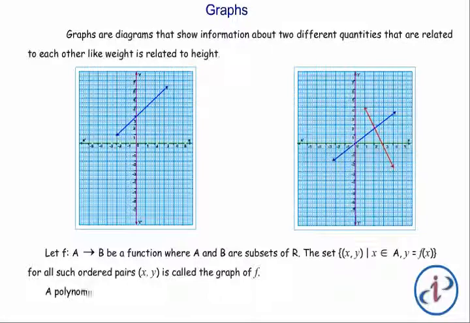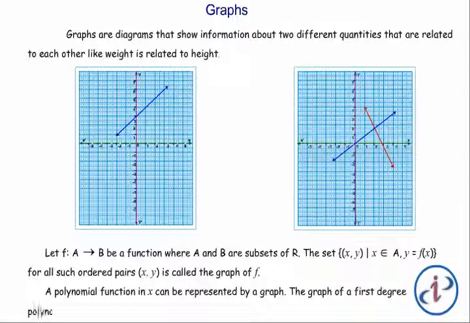A polynomial function in x can be represented by a graph. The graph of a first-degree polynomial y is equal to f of x is equal to ax plus b, where a is not equal to 0, is an oblique line with slope a.